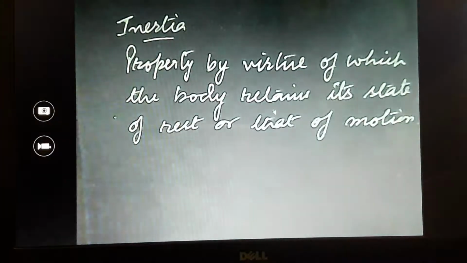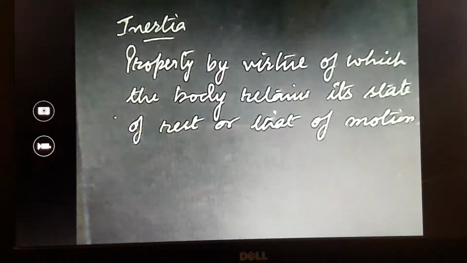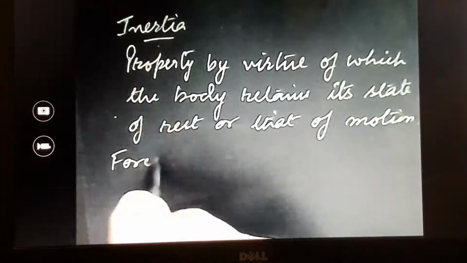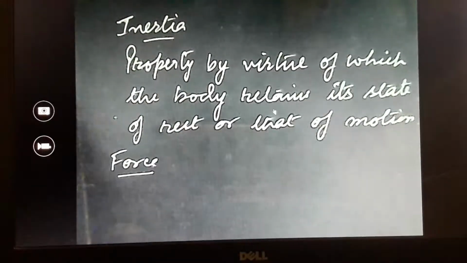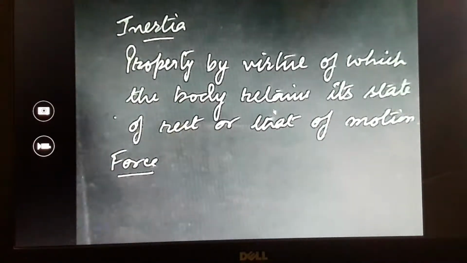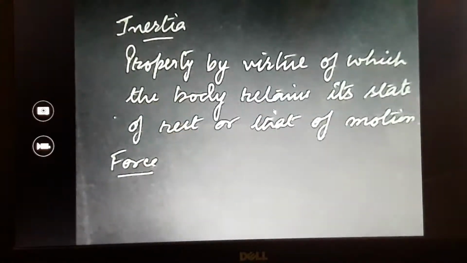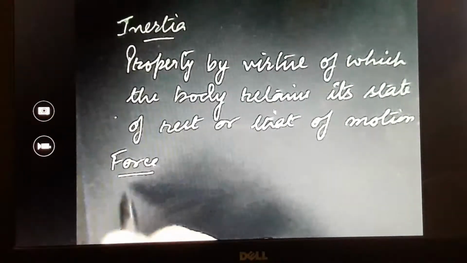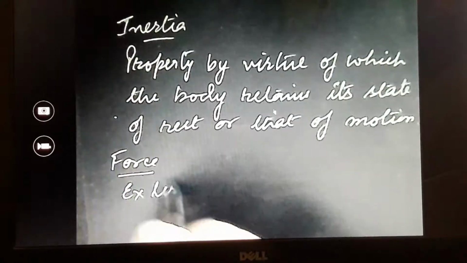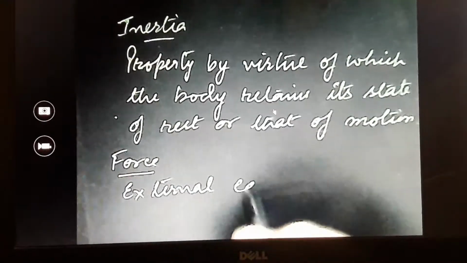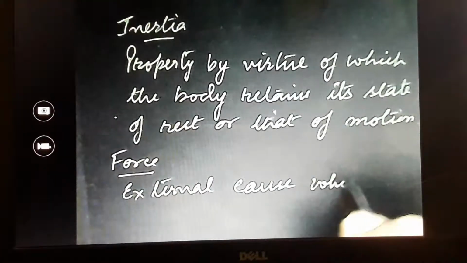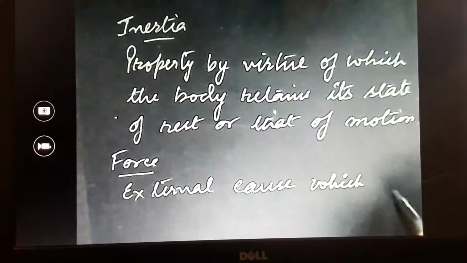Now, if we move ahead and define force, force is that external cause which tends to change the state of rest or the state of motion of an object.